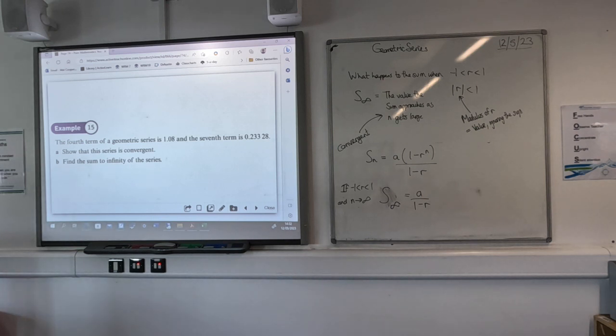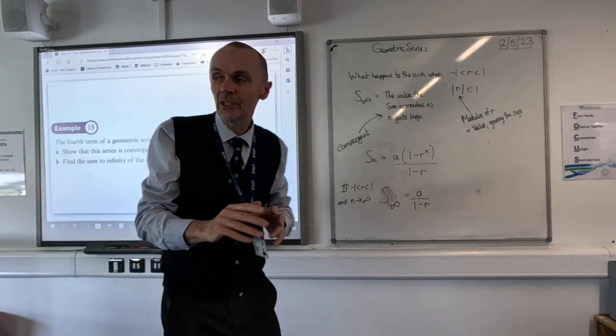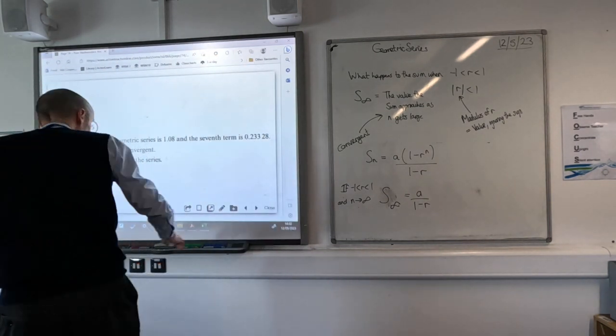So you've got to firstly work out r. To show this is a convergent series, to show we can use the sum to infinity, we've got to show r is small. So we've got to use the fact that we know the 4th and the 7th term. I'm going to draw a picture. You may choose to do it using algebra.